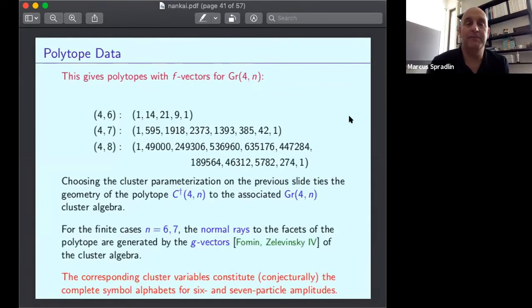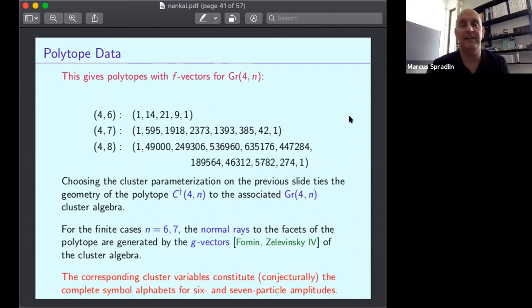But really the relevant point is the following: by virtue of choosing a cluster parametrization, that ties the geometry of this polytope to that of the associated Grassmannian cluster algebra. And in particular, in the finite cases, where the cluster algebra is finite, the normal rays to the facets of the polytope correspond to cluster variables.